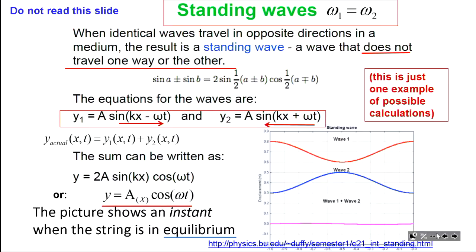And what does mathematics tell us? Well, if you look up how to add two sines, you get an equation which tells us the result. This equation has two parts. One part doesn't depend on time at all.